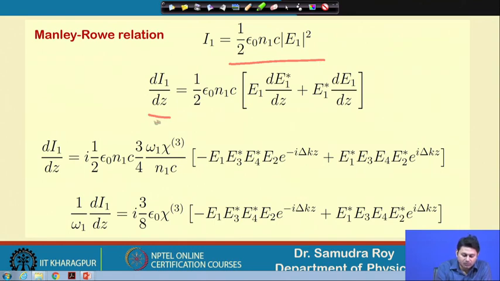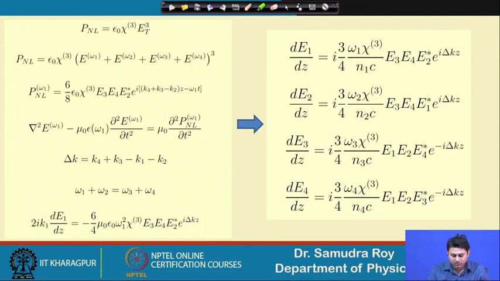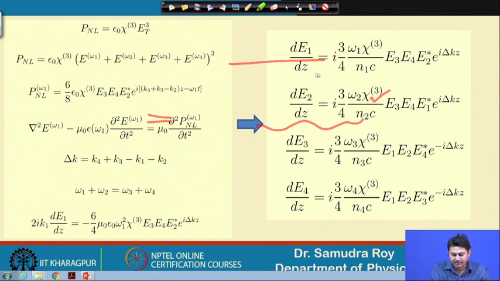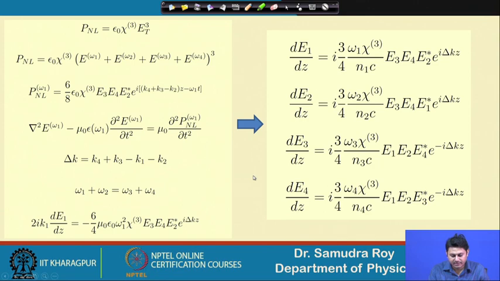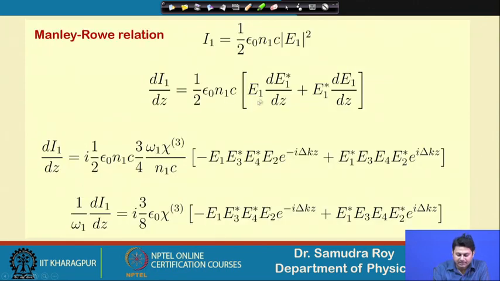So, dI1 dz is half of whatever we have as a constant, times the corresponding derivative with respect to z. Now, dE1 dz is known from the previous slide. It is here. I will use this in the next slide.